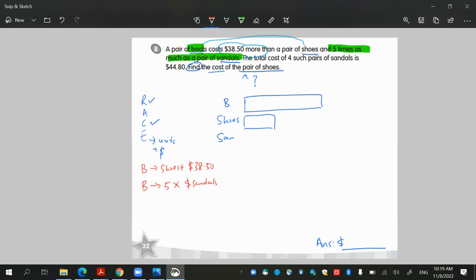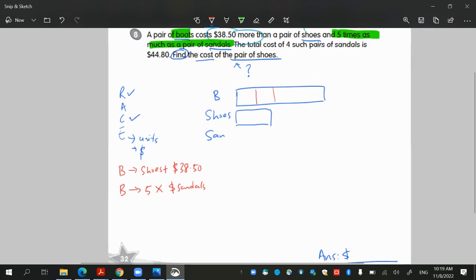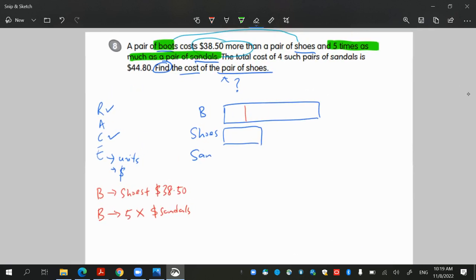Meaning, if I chop the cost of the pair of boots into 5 units, be careful with the unitary drawing though, so you don't want it to look as if the shoes is also part of the unit. And the sandals will be 1 unit.